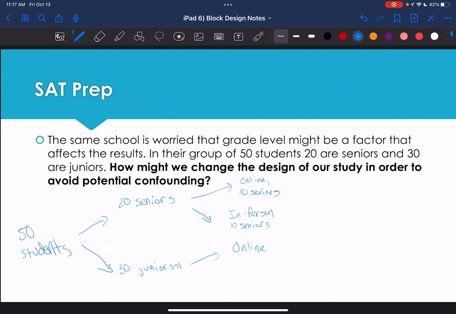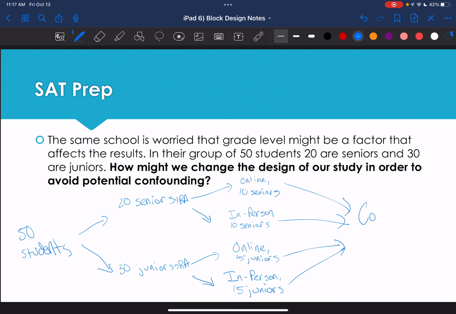Oh, I forgot to put random assignment in here, so I'm just going to sneak it in. 15 juniors online, in person 15 juniors, and then compare the scores. So make sure you don't forget the random assignment like I did, but it's in there now. But that's what we do.